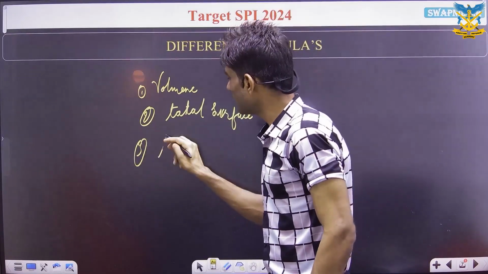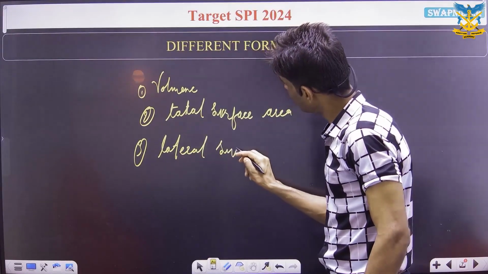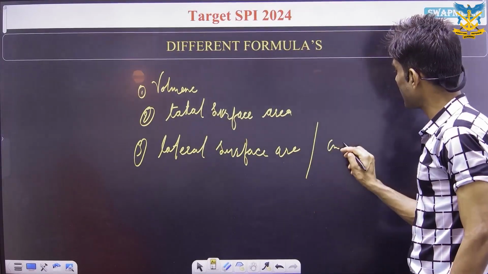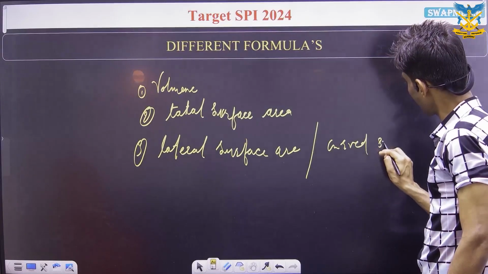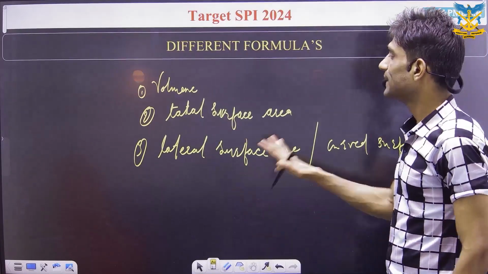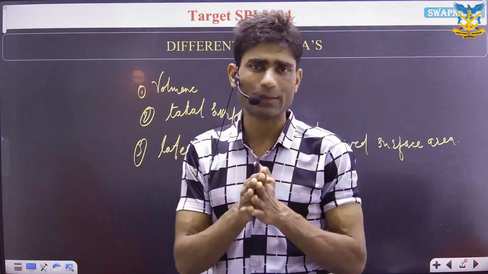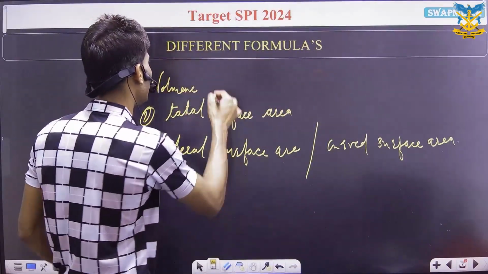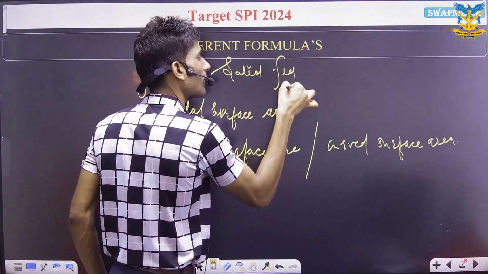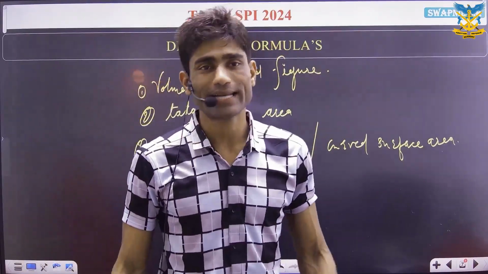Third, I explained the lateral surface area, also called the curved surface area. Total surface means we have to add all the surfaces here. This is only for the solid figure. You all have to understand the meaning of solid figure.